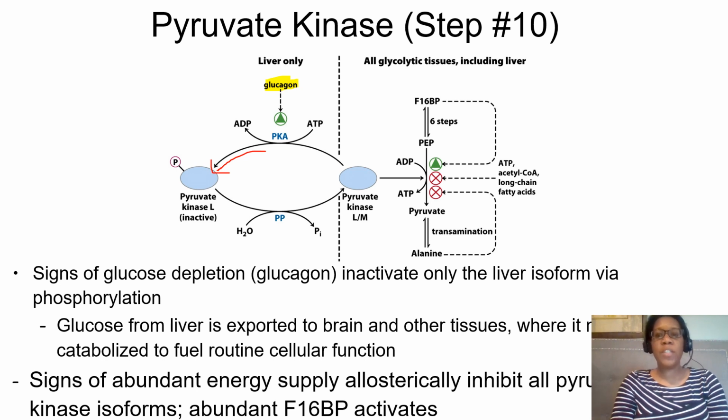If we have high concentrations of acetyl-CoA, which we'll talk about in the citric acid cycle, or high concentrations of fatty acids, which means we have a lot of energy, they also inhibit pyruvate kinase. But if we have abundant F16BP or abundant ATP, we actually help to activate pyruvate kinase.